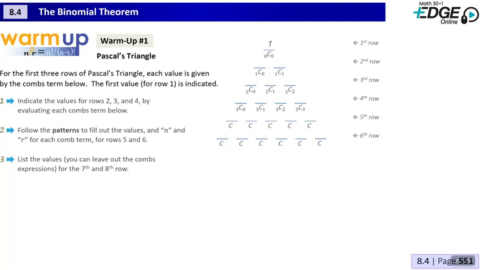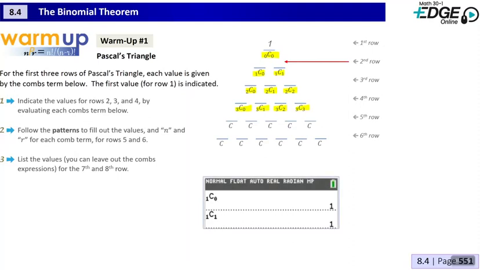If we look at the first three rows of this triangle here, or I guess up to the fourth row, what we're going to notice is we've written out 0 choose 0, and then 1 choose 0, 1 choose 1, then 2 choose 0, 2 choose 1, 2 choose 2, 3 choose 0, 3 choose 1, 3 choose 2, 3 choose 3, and so on.